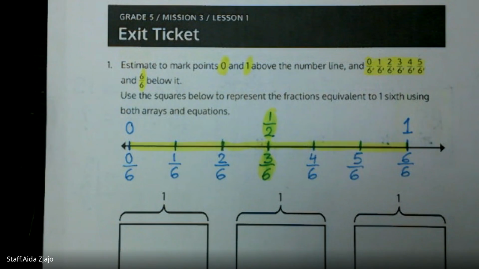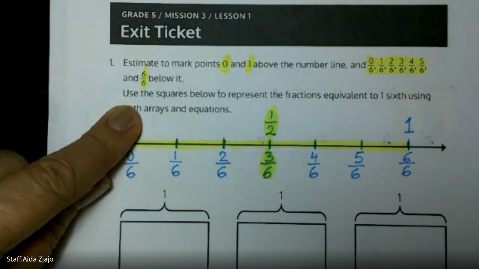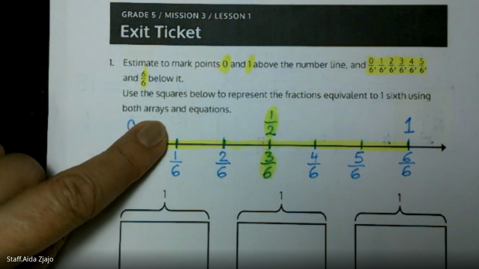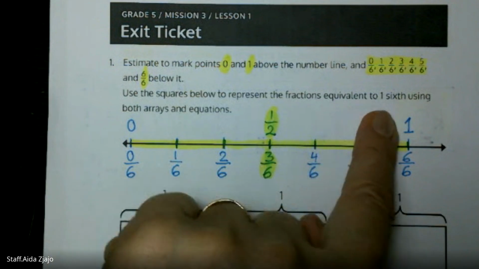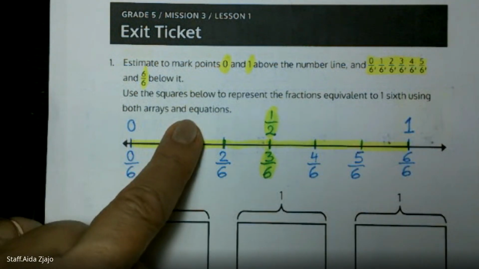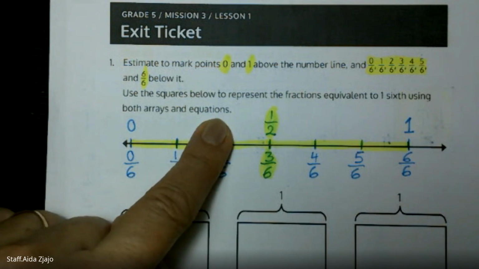Okay, so that was one part of the question. Another part was: use the squares below to represent the fractions equivalent to 1/6 using both arrays and equations.